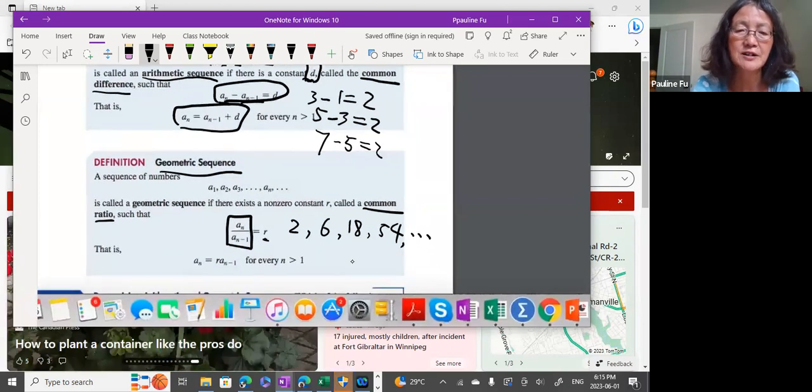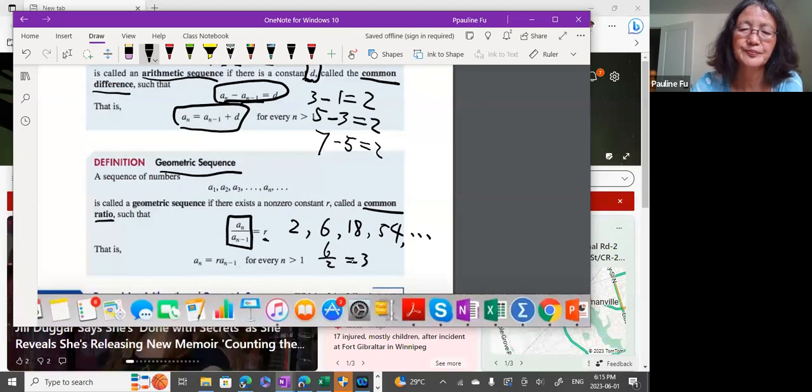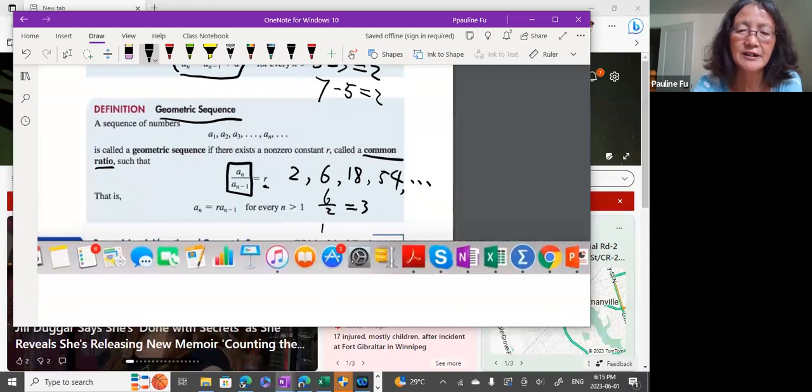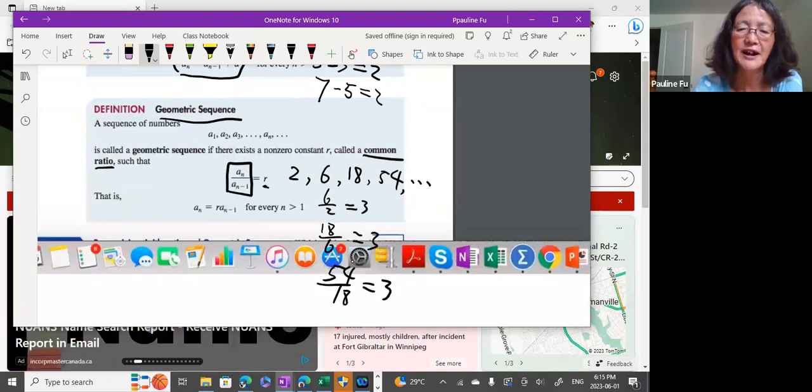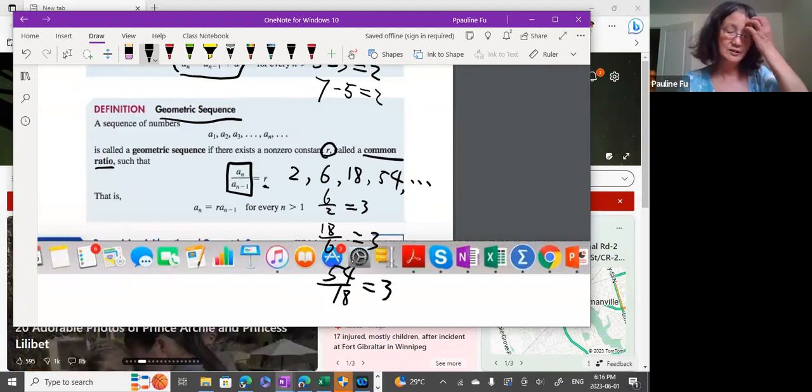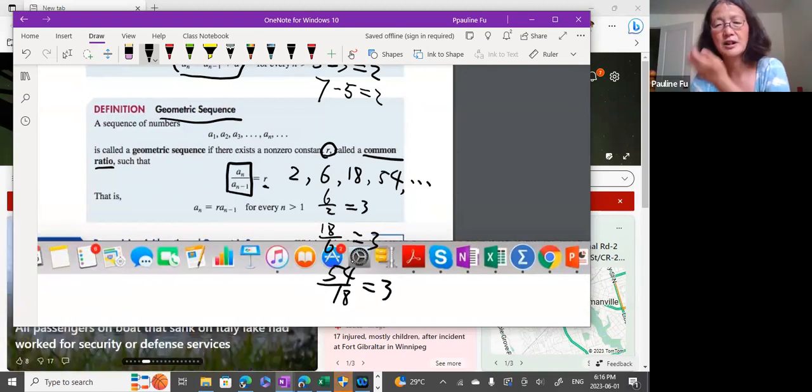Let's verify. 6 over 2 is 3. 18 over 6 is 3. 54 over 18 is 3. And this 3, we use little r, called the common ratio. Okay, questions?